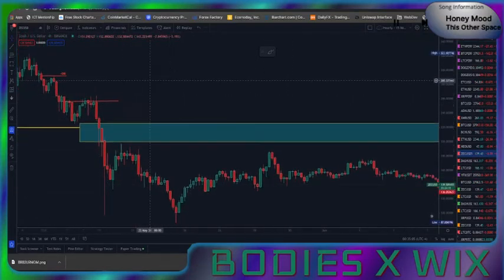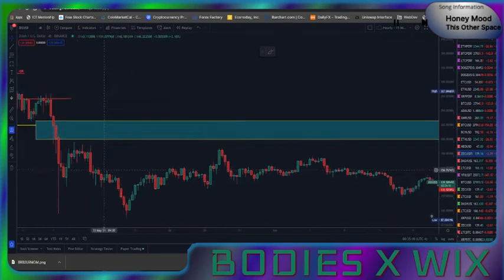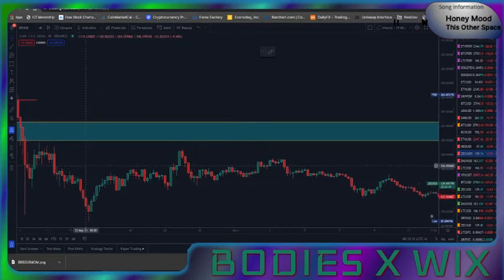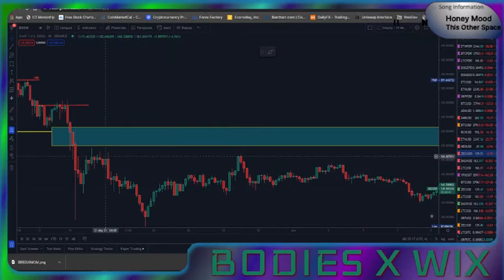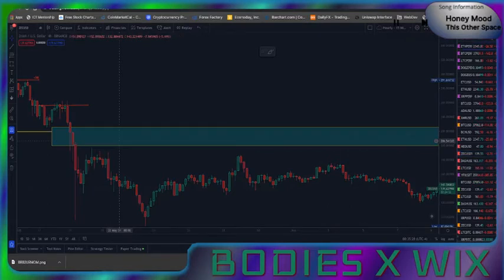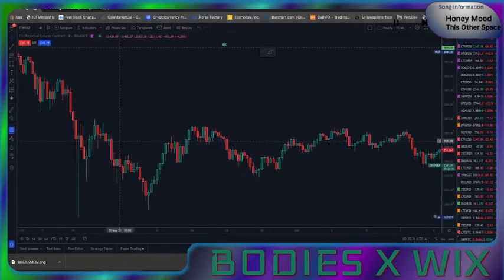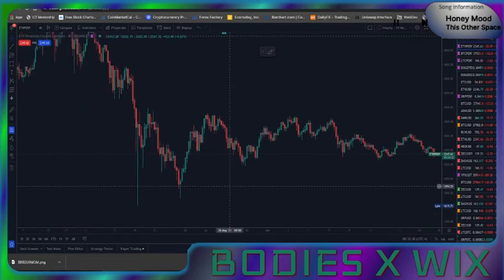Since this is a daily fair value gap, I've been waiting for it to at least come up to it, so I can see what reaction is going to happen once it enters the fair value gap, because it could get rejected automatically, or it could go straight through it. What's going to determine that is probably what's going to happen leading up to it, which is what we're going to take a look at now.